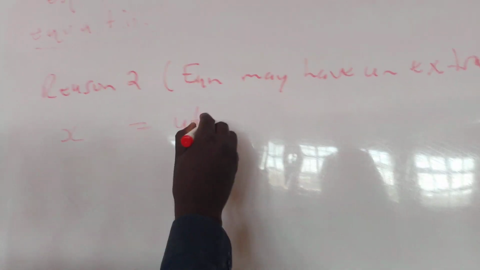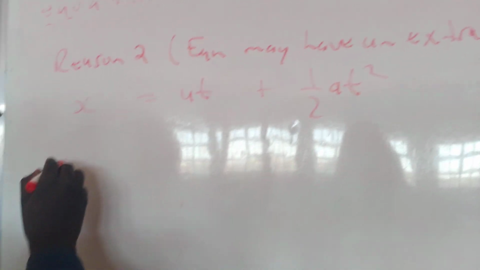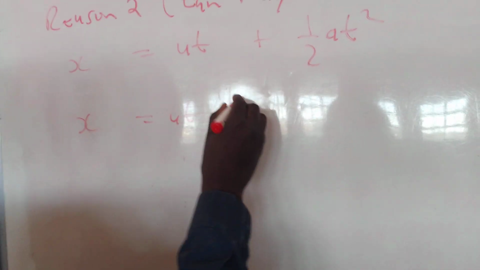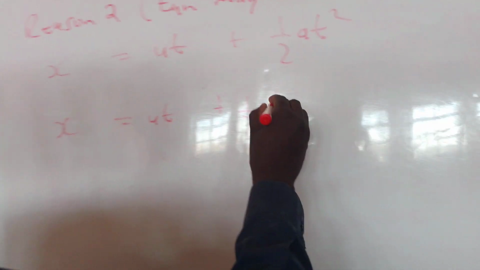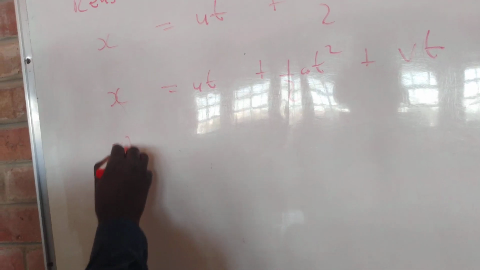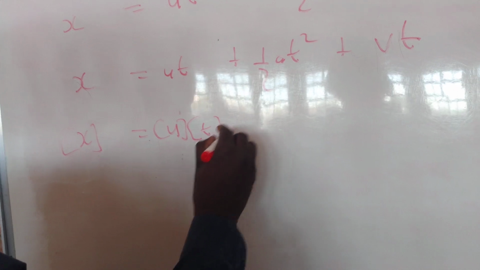Our original equation is still this one. Then somebody said the actual equation is ut plus half at squared plus dt. If you consider this equation very well, it is homogeneous.